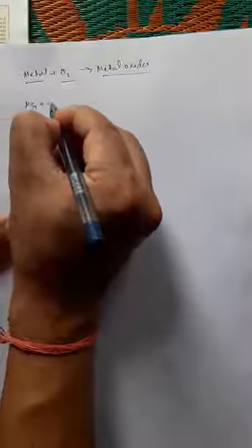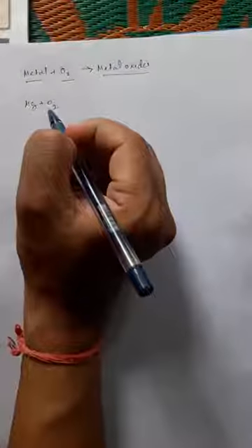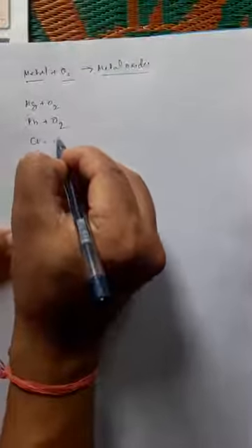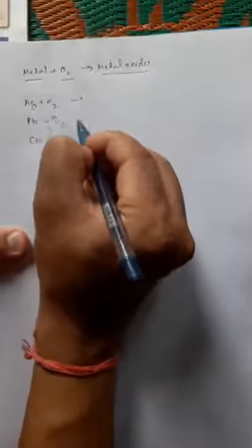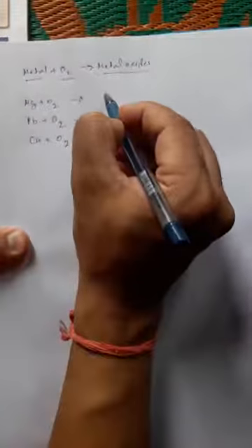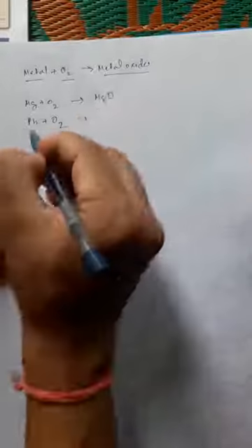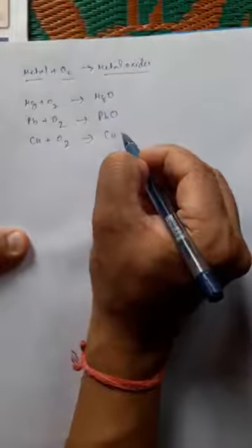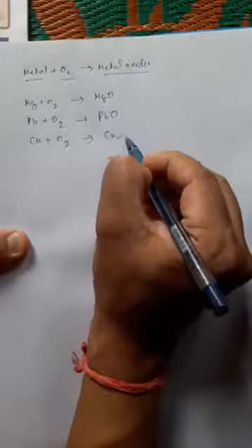Magnesium with oxygen, lead with oxygen, copper with oxygen. Magnesium, simple. Magnesium oxide, lead, PbO will get. Copper, Cu2O, copper oxide.